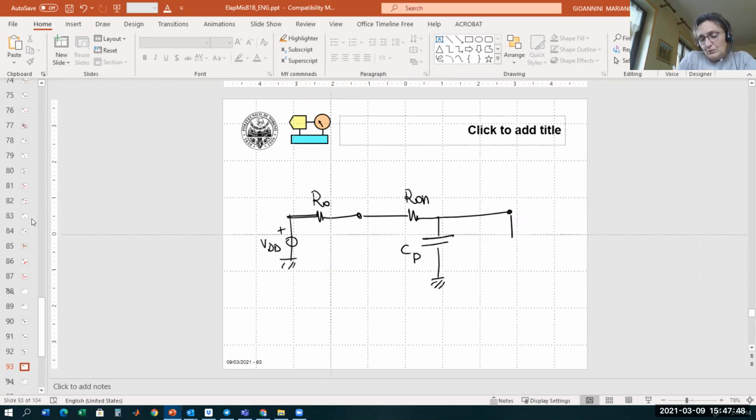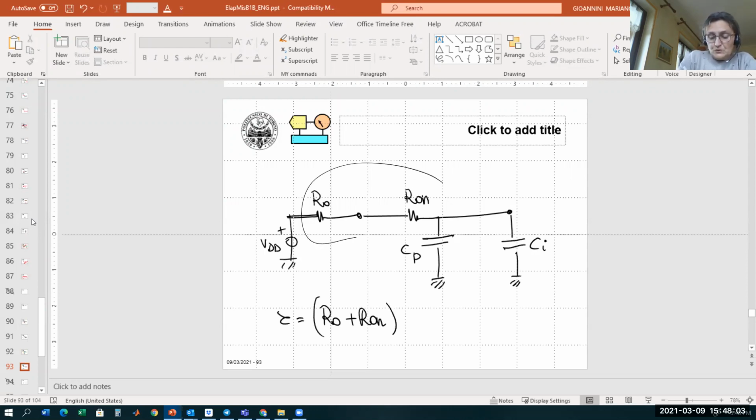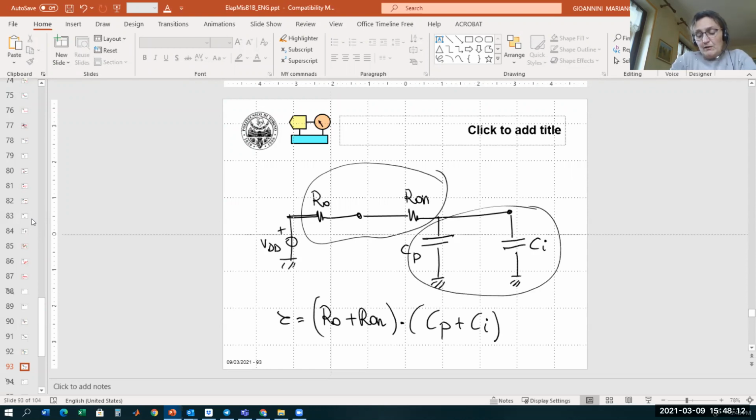And then you have to add the input capacitance of the module B. So now the time constant is Rho plus Ron, because you see these two are in series, times Cp plus C input, because as you see these two are in parallel.